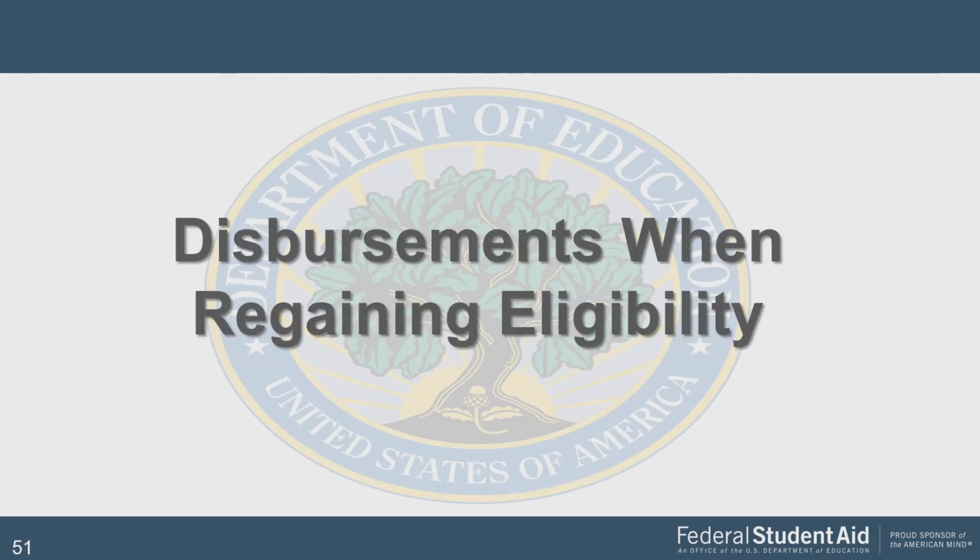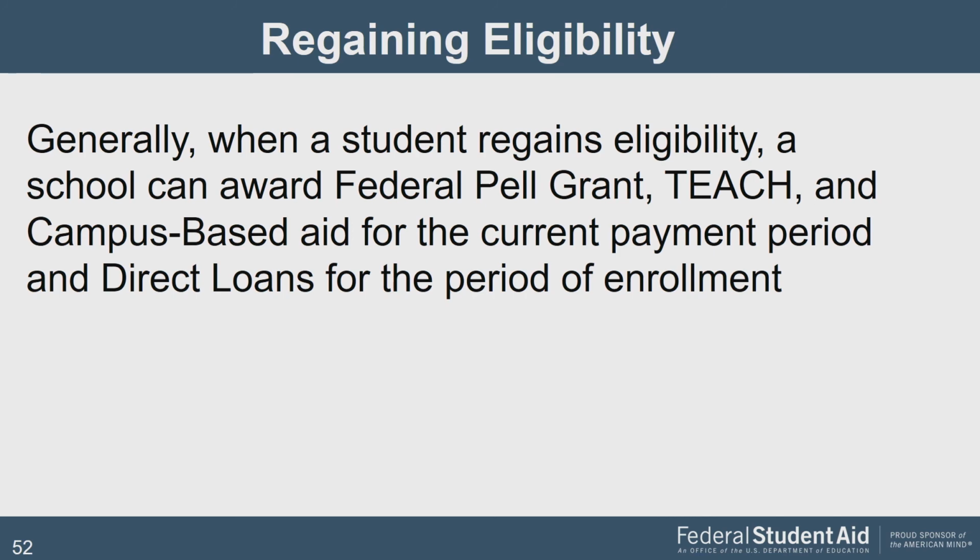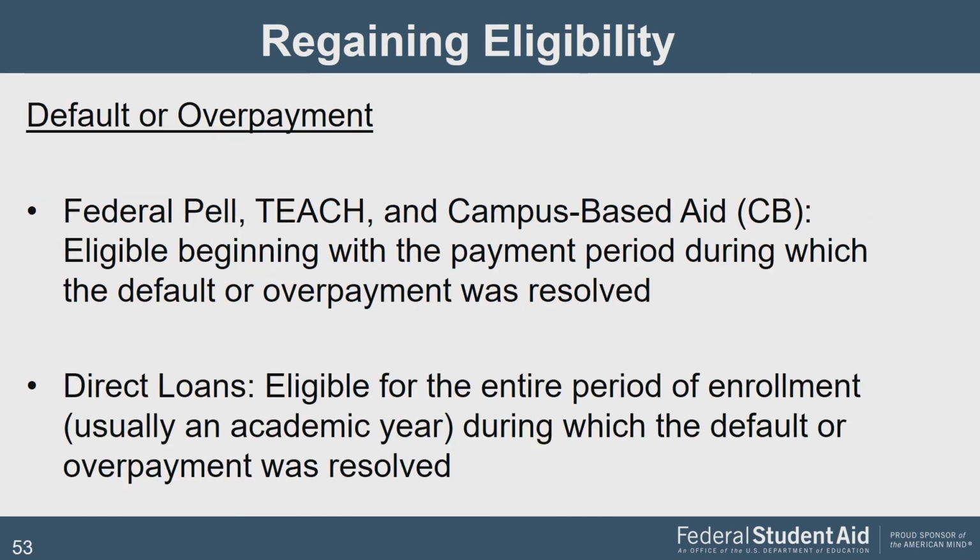Let's talk about what happens when students regain eligibility. If a student regains eligibility, they can still receive their Title IV funds. Okay, they're still eligible for money during that payment period or that period of enrollment for direct loan funds. Let's look at the different circumstances.